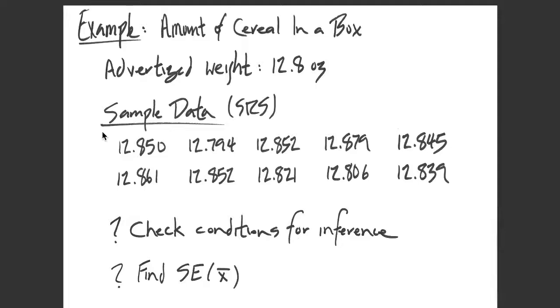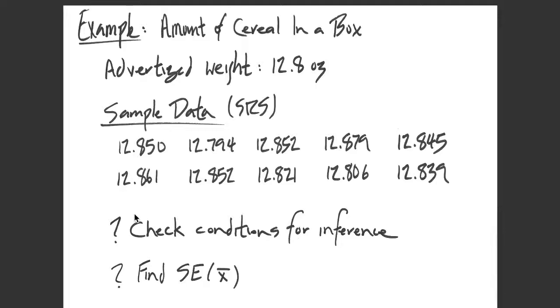So notice that I'm not going to make any assumptions about the standard deviation of the population at all here. Let's check to see if our data satisfy those conditions for inference, and then let's find the standard error of x bar from the data.